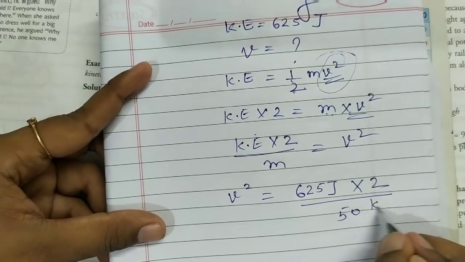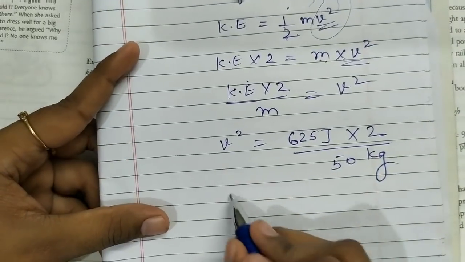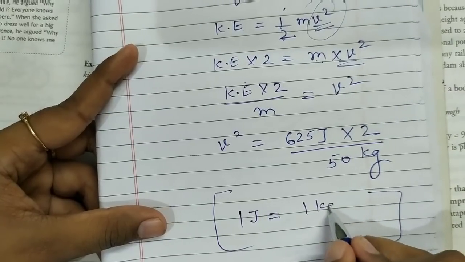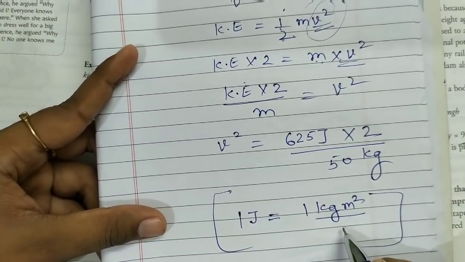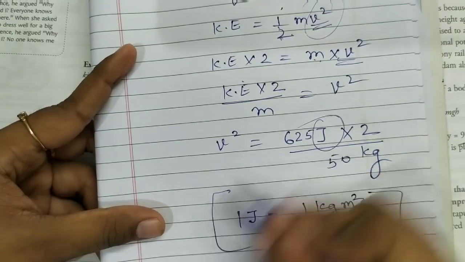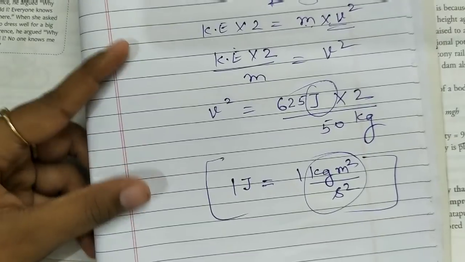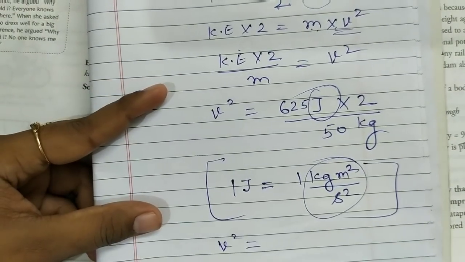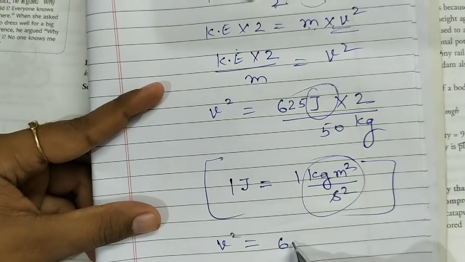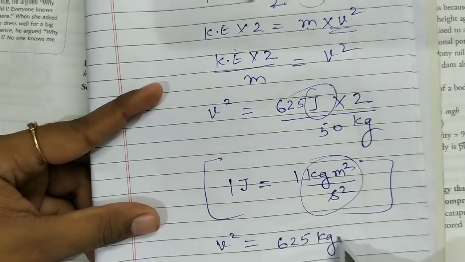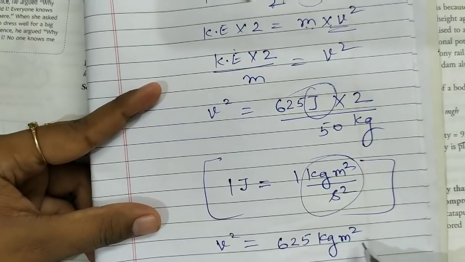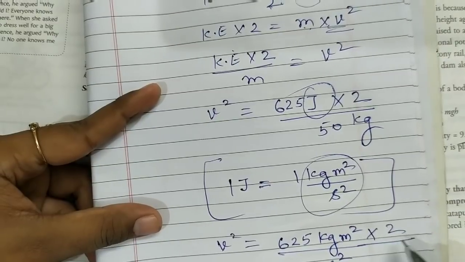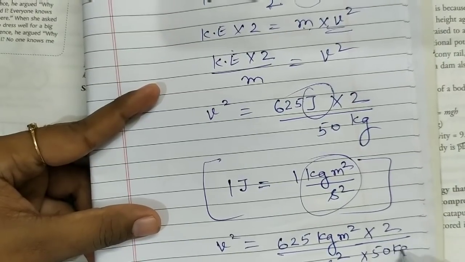50 kg. Now since, children, you know that the value of 1 joule is 1 kg meter square upon per second square, here instead of joule we will put kg meter square per second square. So velocity square is equals to 625 kg meter square upon second square into 2 into 50 kg.